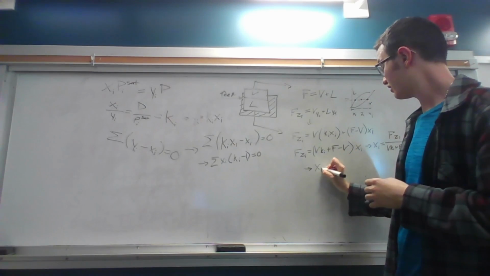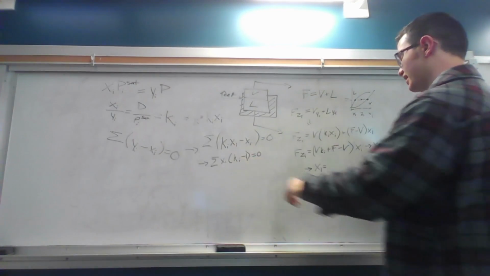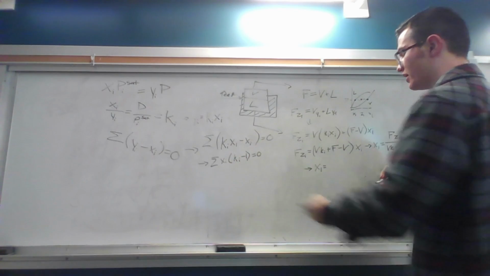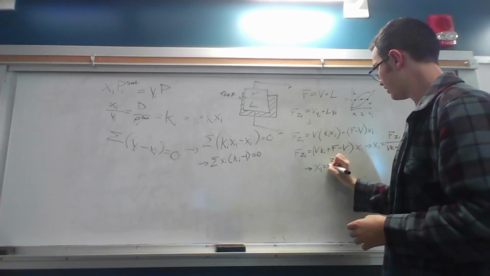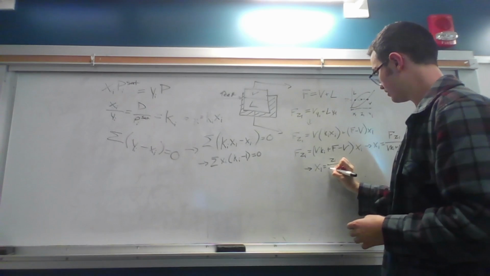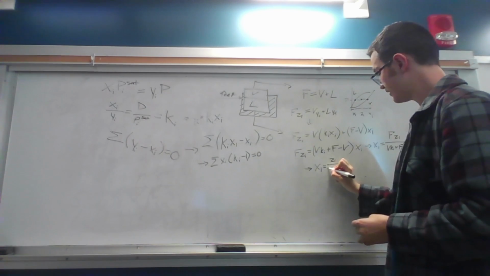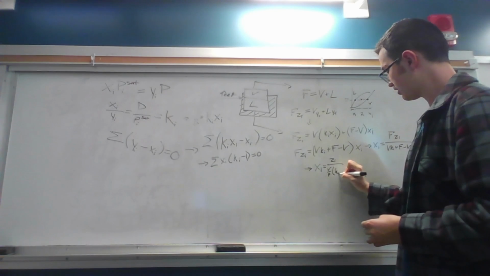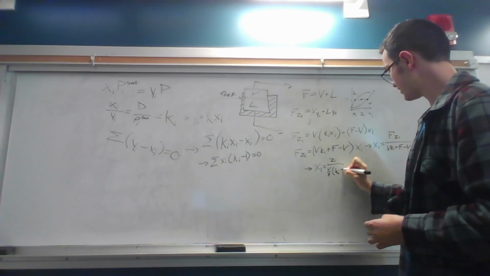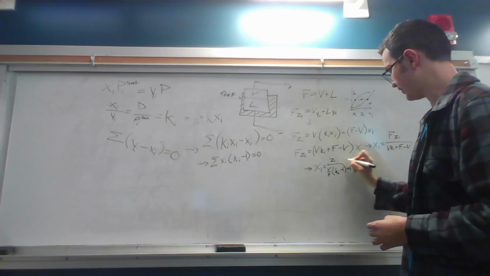So xi is equal to, because we want xi alone, but we also want it to work with Ki minus 1, Zi divided by V over F times Ki minus 1 plus 1.